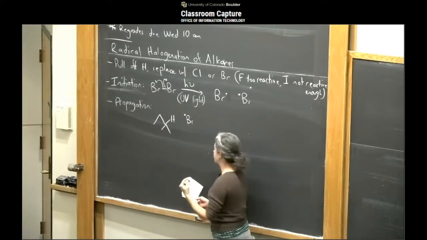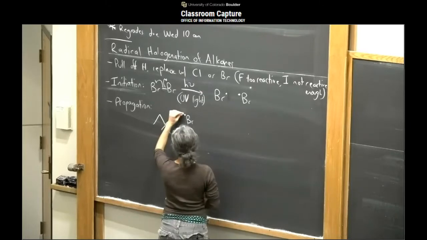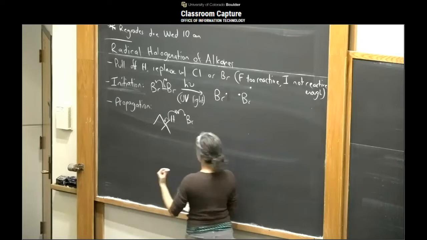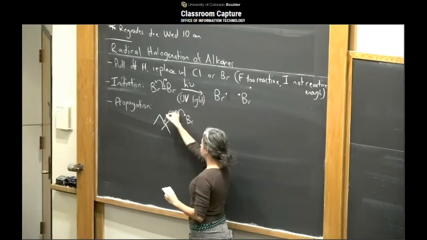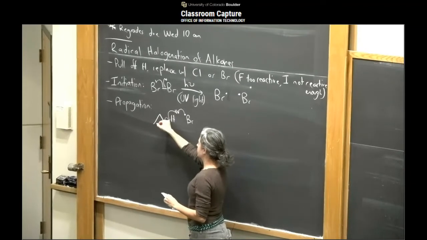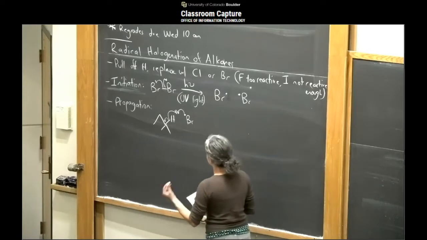So what happens is the Br dot that we just made comes in, rips an H off, and the arrow pushing for this looks really similar to how it did when we were doing stuff with alkenes. Bromine brings in 1 electron for the new bond. The other electron has to come from the C-H breaking, and then the leftover electron falls back onto whatever the rest of the molecule is.